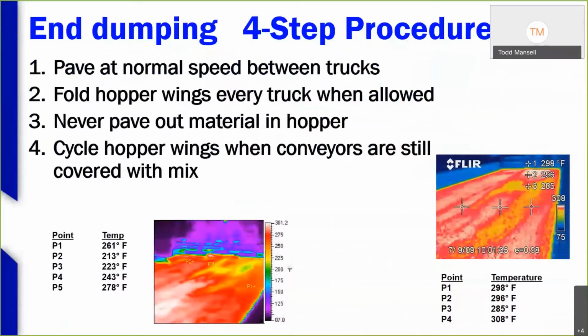Pave at normal speed, pull the hopper wings if we can without spilling mix on the grade, not running the hopper too low, stopping, letting the next truck dump on top, and then continue on again. It really just goes to identifying some best practice that we could maybe be doing better in the field to get rid of or minimize that thermal segregation that we saw.